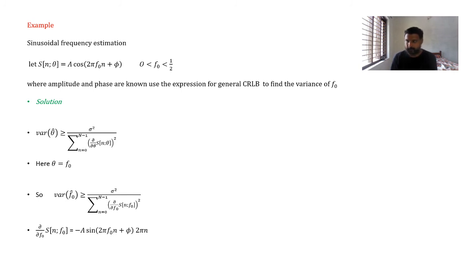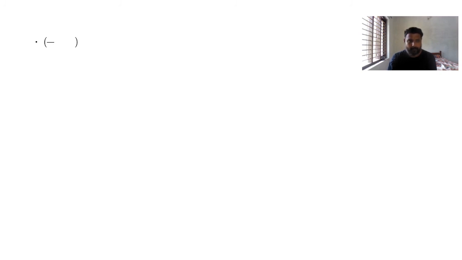it is clear now. Now what I will do is, I will just rearrange this one. That is, ∂/∂θ of s[n; θ]... sorry, I have to take the square now, so ∂/∂f₀ squared I have to take. So what I will do is A² into 2πn sin(2πf₀n + φ), because in the variance it is σ² by (∂/∂θ of s[n; θ]) the whole square.